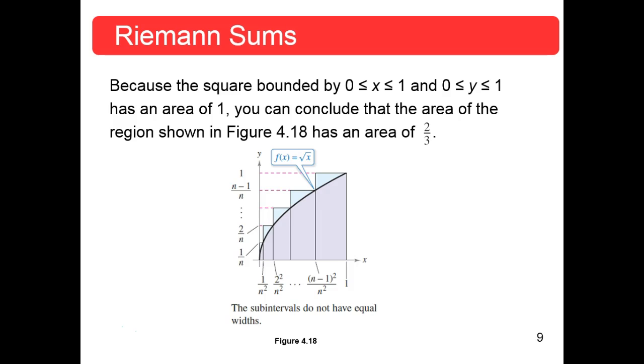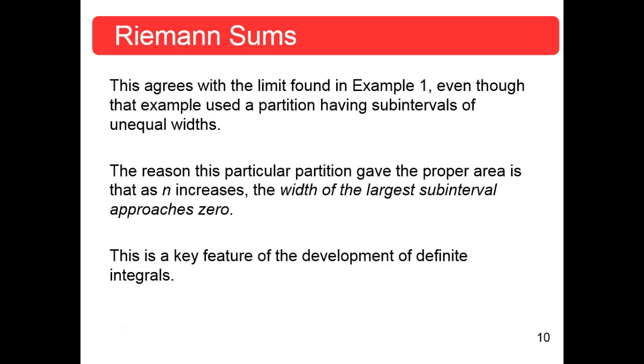The subintervals, and I keep saying this, the subintervals do not have to have equal widths. Okay? Done. We've said that. They said it again. They just don't have to be equal widths. Okay? This agrees with the limit found in example 1, even though the example used a partition having subintervals of unequal width.